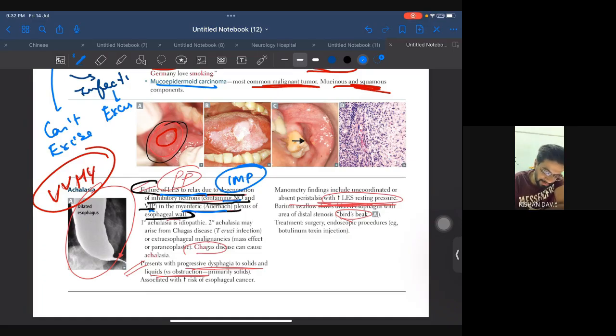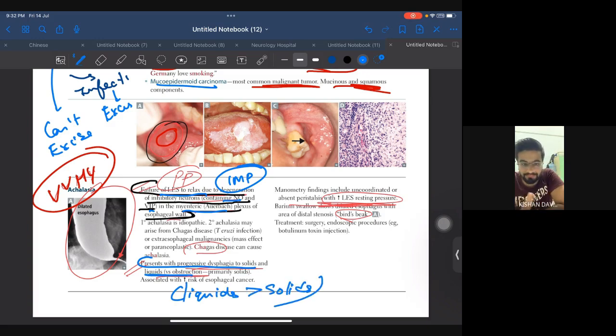it is presenting with dysphagia to solid and liquid. Okay, and the first thing that will be obstructed here is liquid first. Okay, liquid first, then solid. So this is very important. And what do we have here?